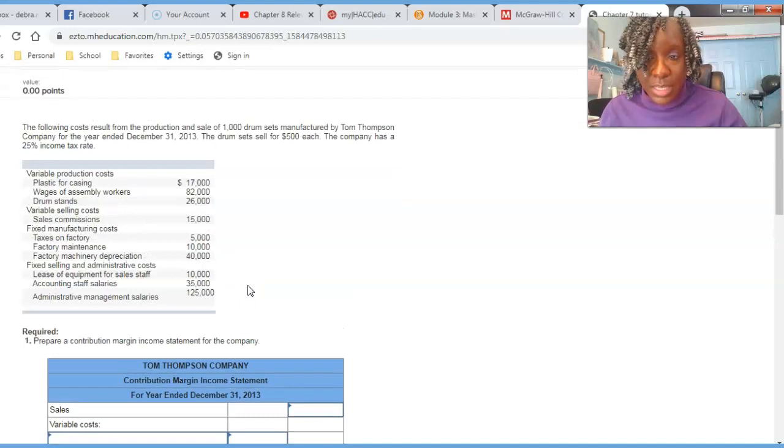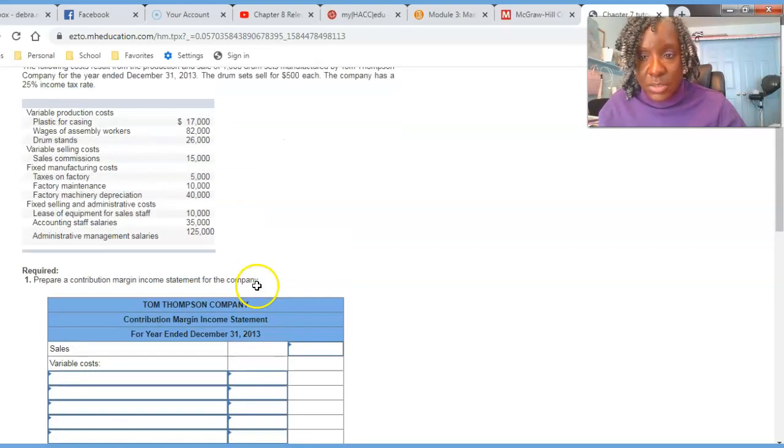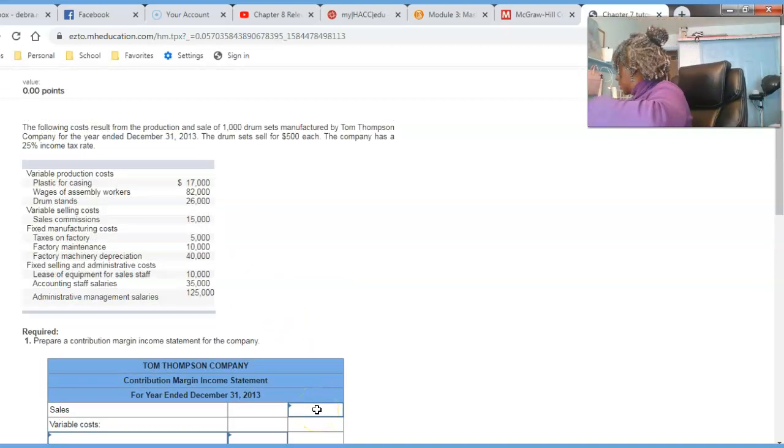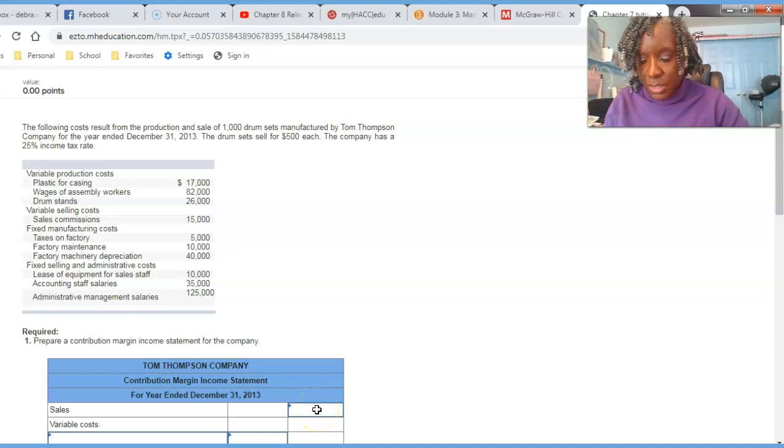Now remember, for managerial purposes, an income statement is going to be very similar. Not totally different, but very similar. So don't worry, it's not completely foreign. We want to first start with the sales. I'm going to get my cell phone, because I'm going to be using it for calculating things, and I don't want to have to switch screens.